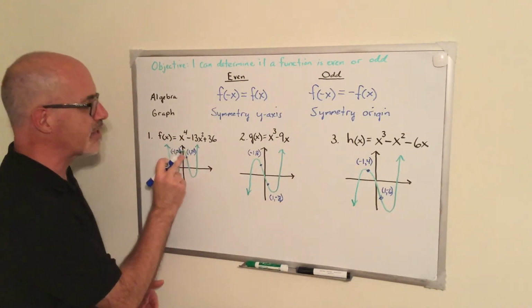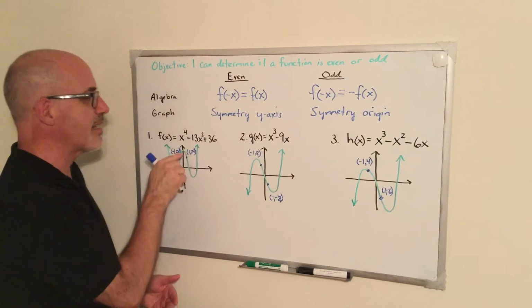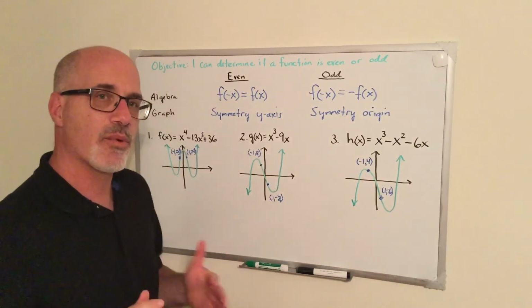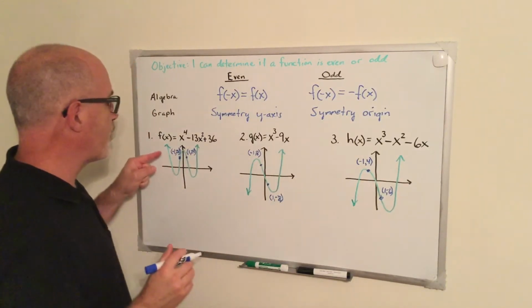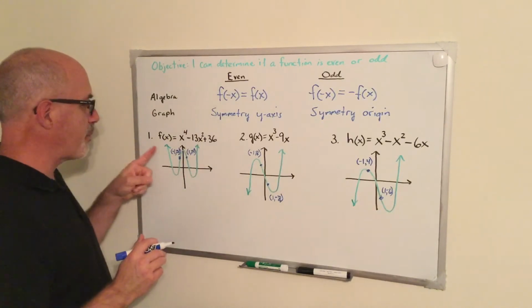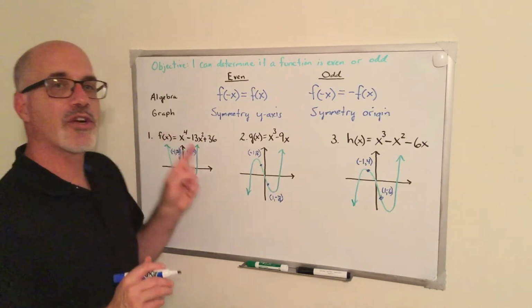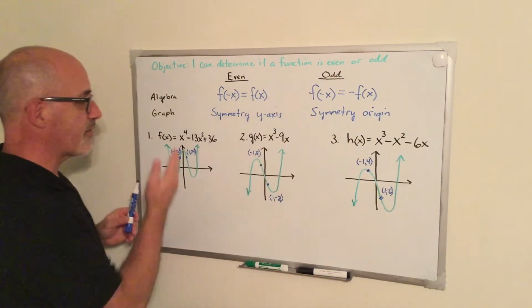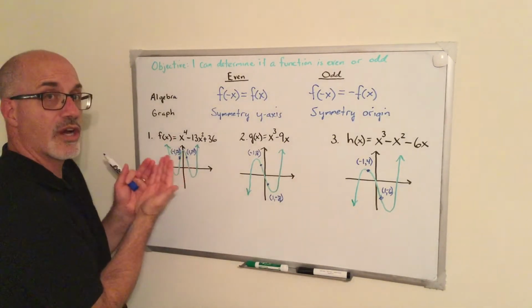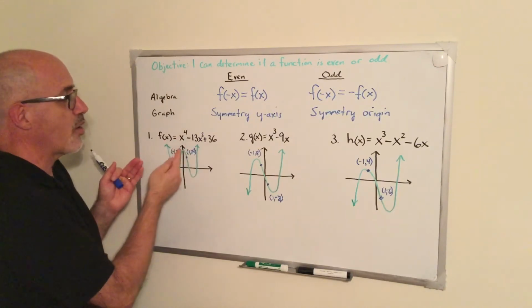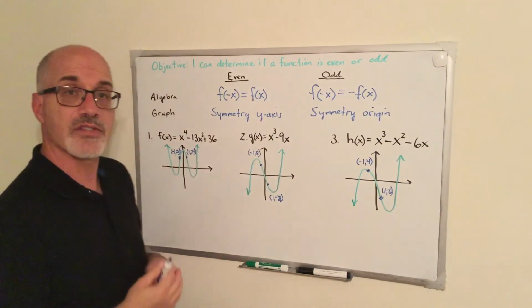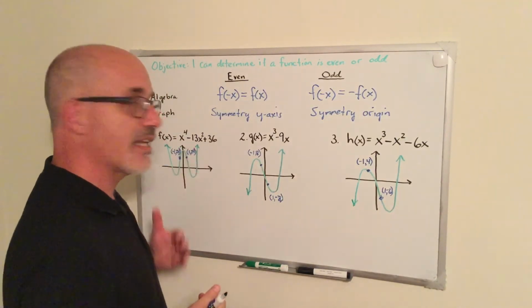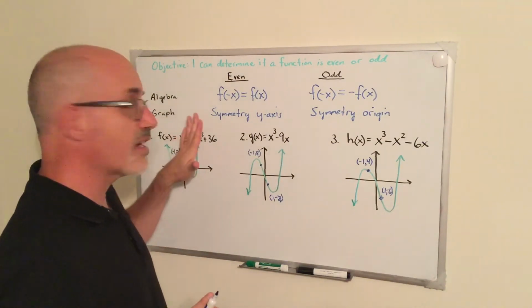Notice it's reflected right over that y-axis, and 1, 24 is a point on that graph. That's true of any point you pick on the graph. You pick a point on the graph, and its mirror image over the y-axis is also on the graph. So just think of the y-axis as a mirror, and there's a reflection there where this repeats itself on the other side of the mirror. This is an even function. That's how you think of it graphically.